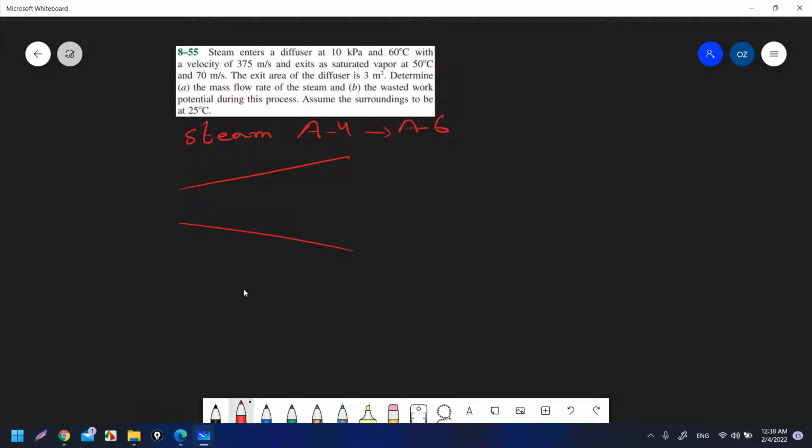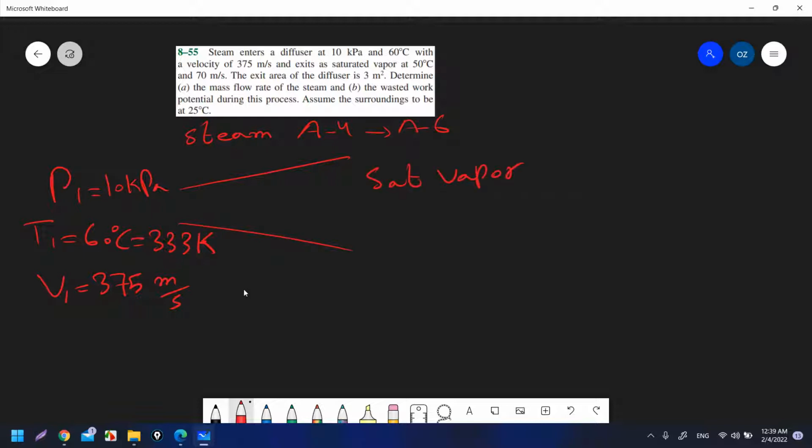A diffuser enters at 10 kilopascal, so P1 is 10 kilopascal, and T1 is 60 degrees Celsius or 333 Kelvin, with a velocity V1 equal to 375 meter per second, and exits as a saturated vapor at T2 equal to 50 degrees Celsius or 323 Kelvin, with V2 70 meter per second.